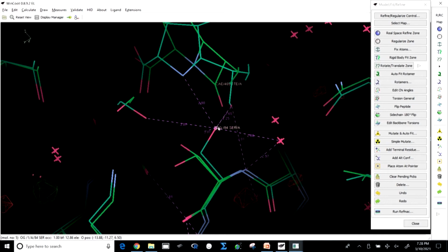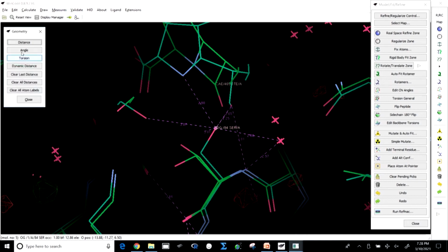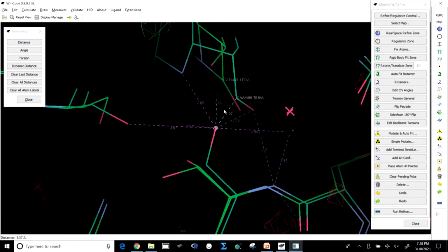So this is near to the carbon, the distance is 1.37 angstrom, which clearly says that this has to be a covalent bond, but the other 2 serines are far away. The other 2 belong to the complex which does not react with the tebipenem.